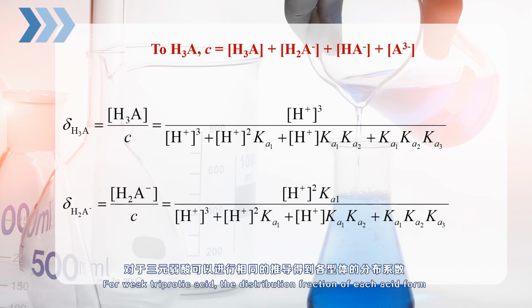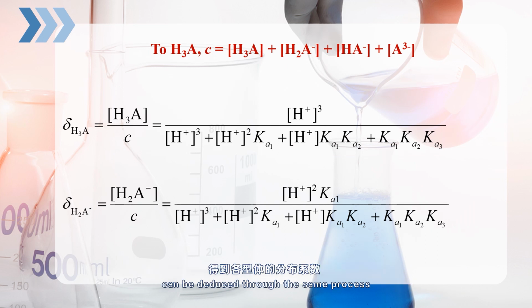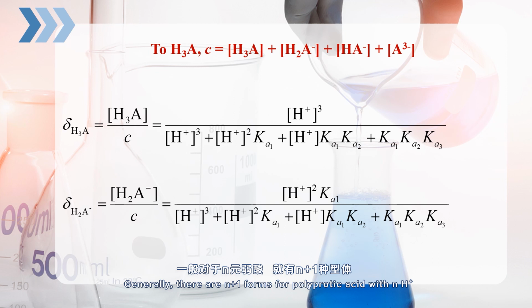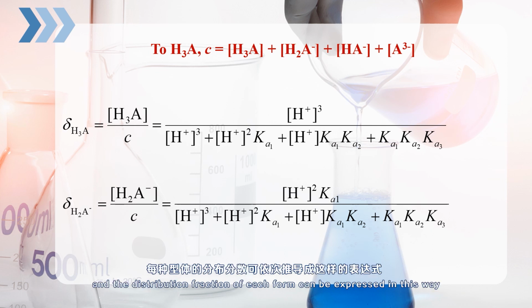For weak triprotic acid, the distribution fraction of each acid form can be deduced through the same process. Generally, there are N+1 forms for polyprotic acid with N hydrogen ions. So, 4 forms exist in the system of triprotic acid, and the distribution fraction of each form can be expressed in this way.